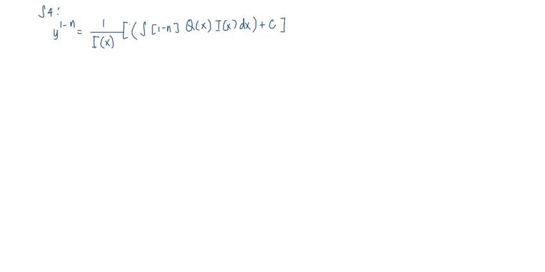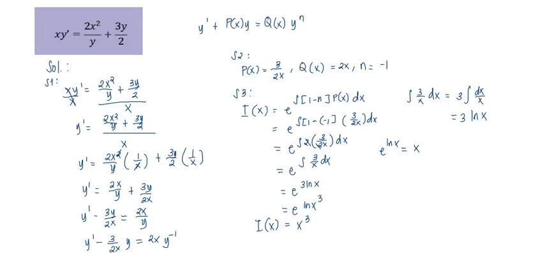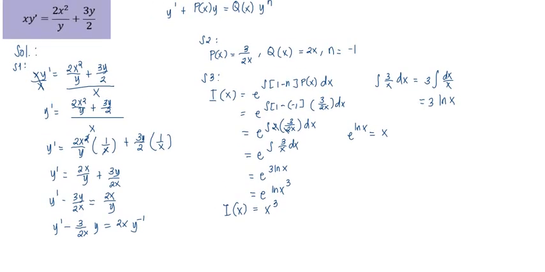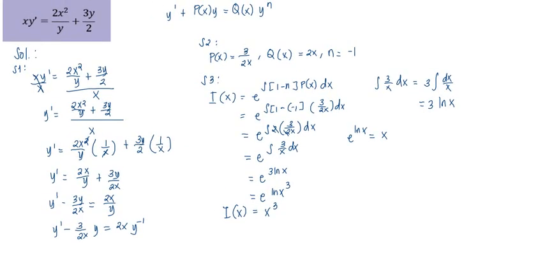And then again, we need those values that we identified. So the p of x from a while ago is 3 over 2x. And then our q of x is actually 2x. So, is that correct? Yeah. Another thing I did in my form: this should be negative here.